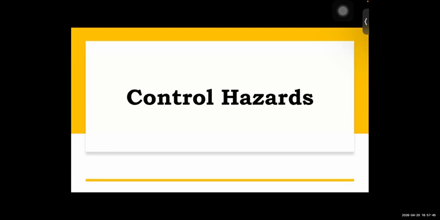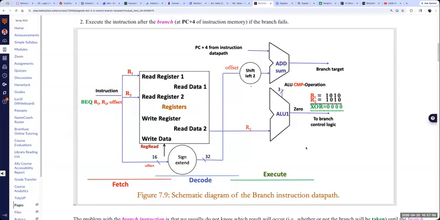If you look here, for branch instructions, the program counter will be updated at the end of the execution stage, because in the execution stage, one ALU computes the condition and the second ALU computes the target address.